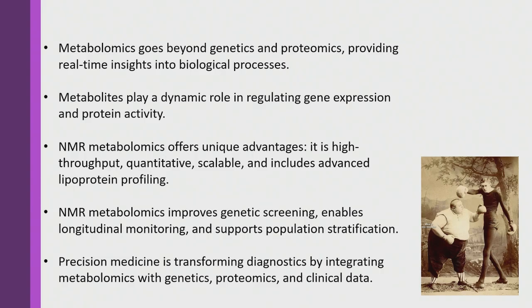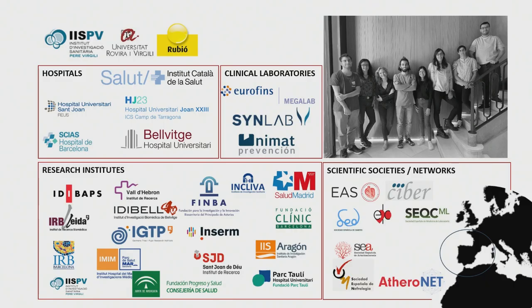We can use it for improving genetic screening, enable longitudinal monitoring, and support population stratification. At the end, I think that it's part of the tools that will be part of precision medicine, transforming diagnostics by integrating metabolomics together with genetics, proteomics, and clinical data. So thank you for your attention, and merci beaucoup.